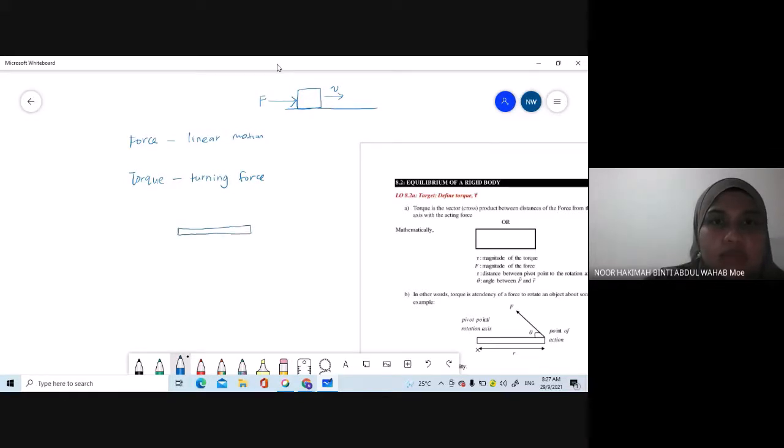But a torque is a force that causes something to rotate. So let's say you have this one, which we call a beam. This beam is an example of a rigid body.